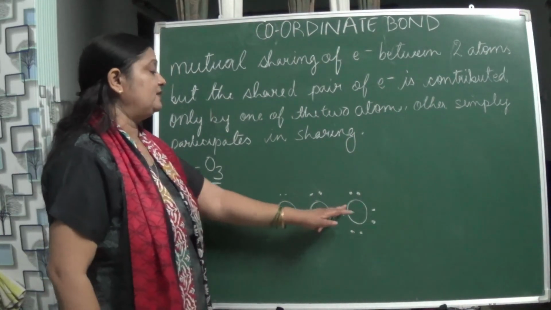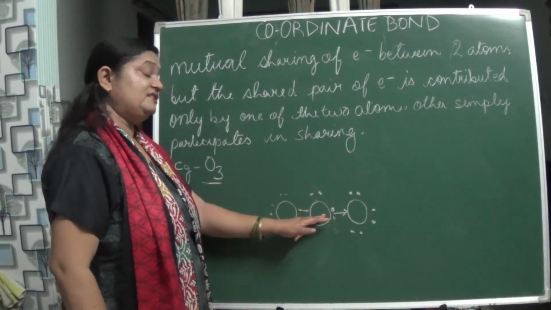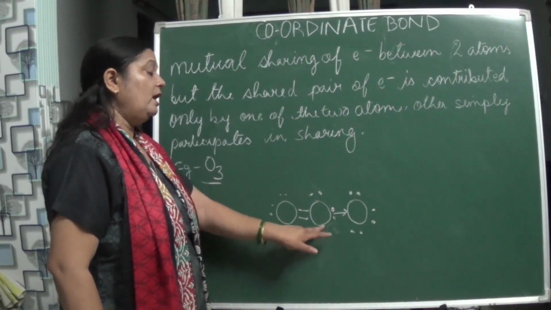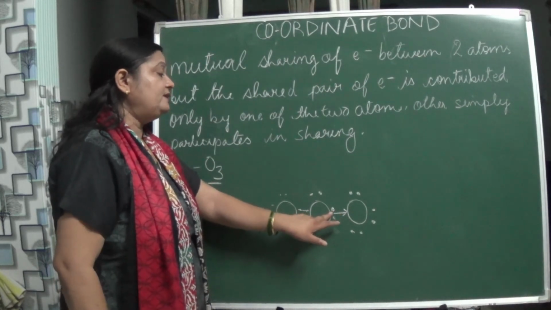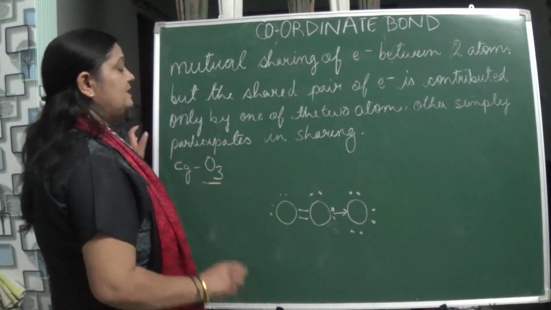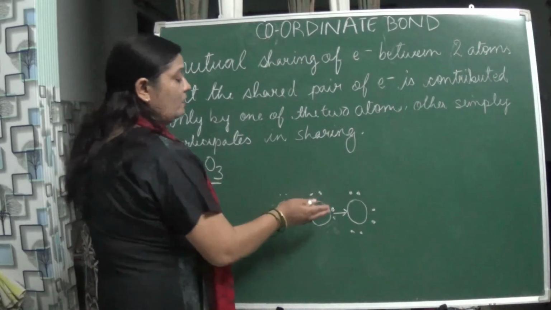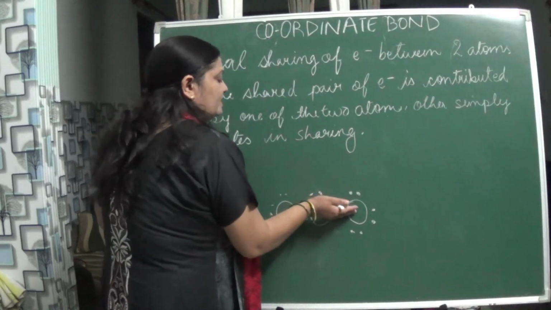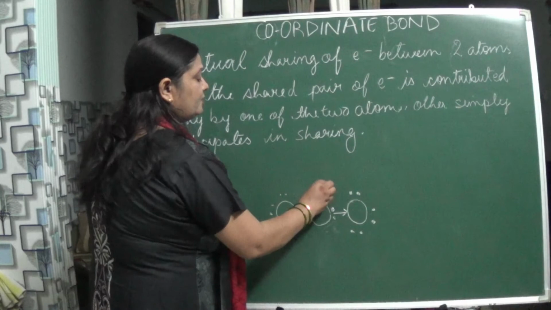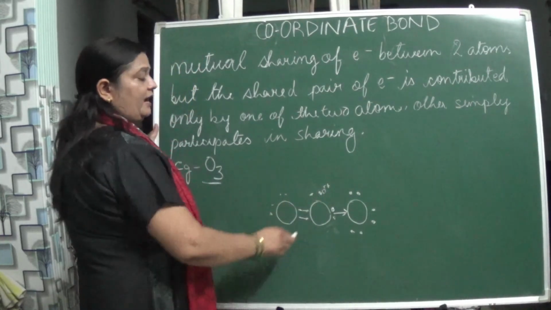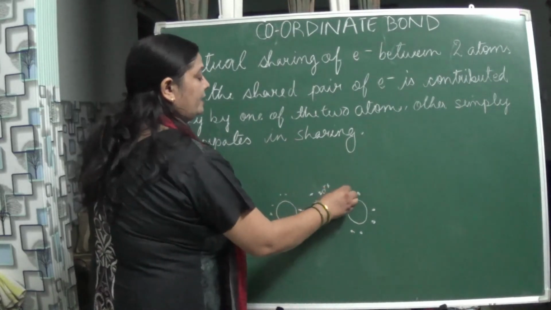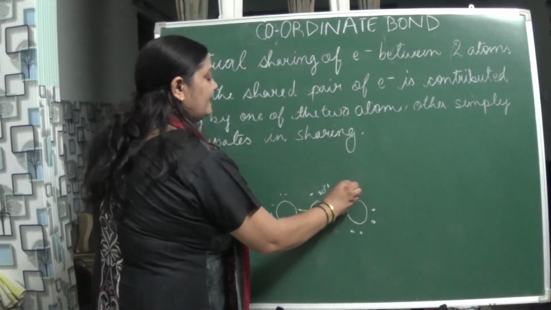It donates its electron, keeping this electron itself for the octet rule, and also donating this to the other oxygen. It means the one which is sharing its electron with this one also acquires a partial positive charge, and as this is being shared with this oxygen also, it acquires a partial negative charge.